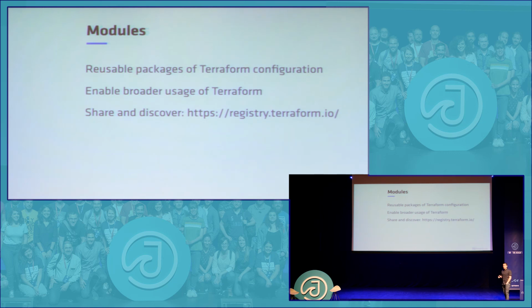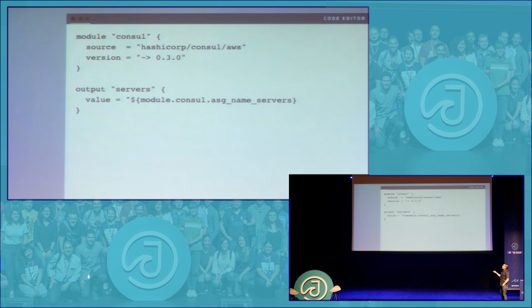There's also a concept in Terraform called modules, which allows you to take a set of configurations and package them up into reusable components. So rather than having everybody on your team learn the low-level AWS instance, load balancer, security group, all sorts of things, what you could do is take some complex setup, wrap it up, and then consume a module. As an example, this is a real module that we published called Consul.